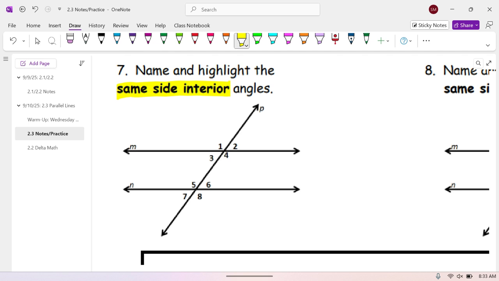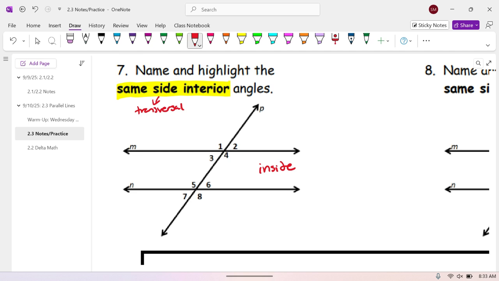But when I say same side, that means literally they're on the same side of the transversal. So what 4 angles are my interior angles first off? 3, 4, 5, 6. So my inside's right here.